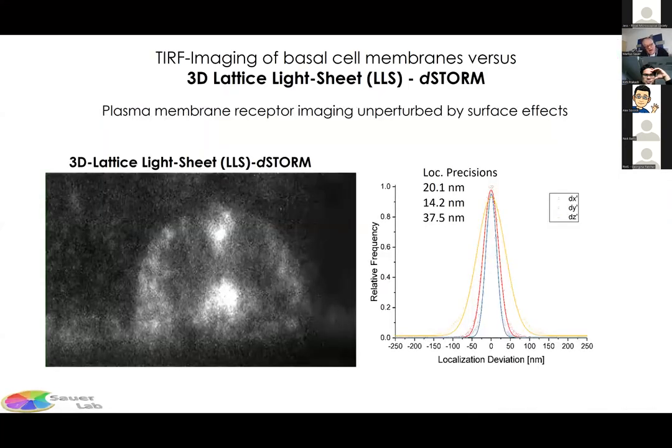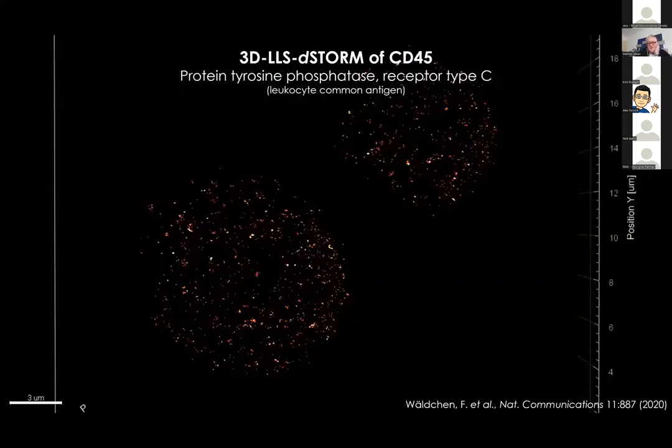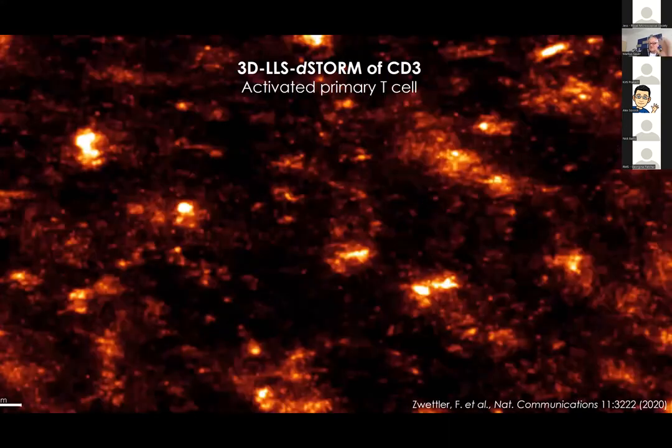But anyway, finally we combined lattice light sheet microscopy with dSTORM imaging. And by doing that, using a lattice light sheet with high power lasers, we achieve localization precisions of only 15 to 40 nanometers in X, Y, Z. But we can then visualize, as demonstrated in a few examples in this paper, receptors on the plasma membrane of cells in 3D on the basal and on the apical membrane, or here activated primary tumor cells, CD3 clusters, unperturbed by any surface effects.